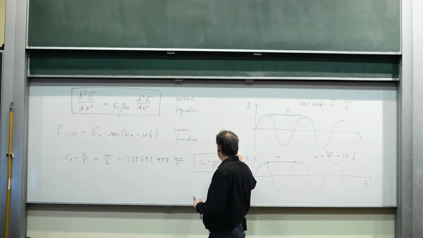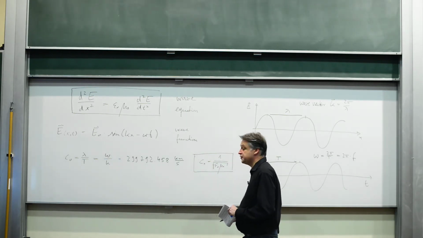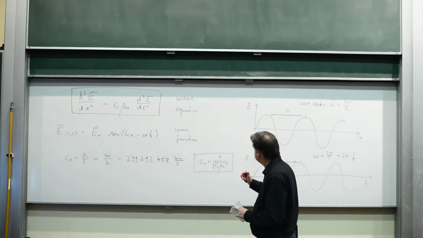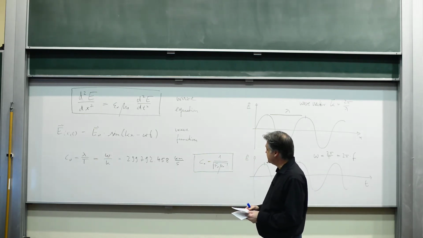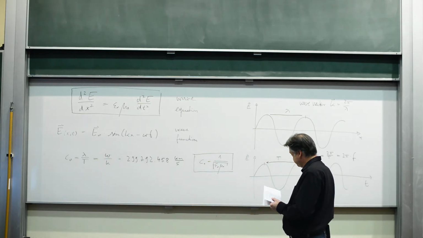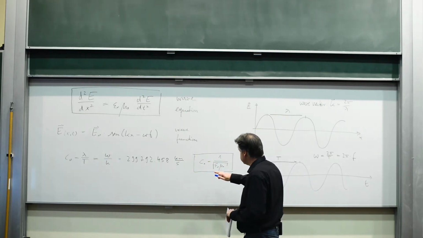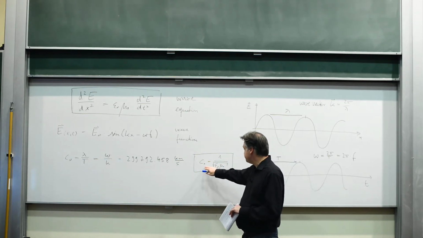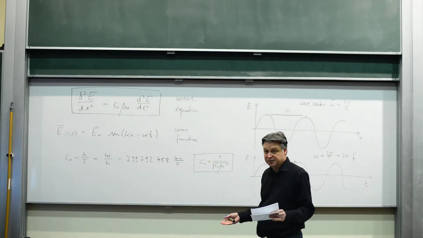This is what Maxwell had already figured out back in 1872. And from that result, he concluded that light is nothing else than an electromagnetic wave. What amazes me is that you can determine the speed of light with a simple tabletop experiment.